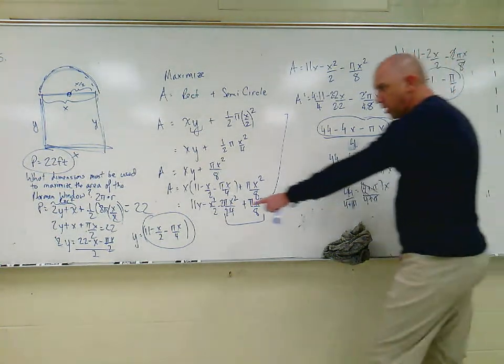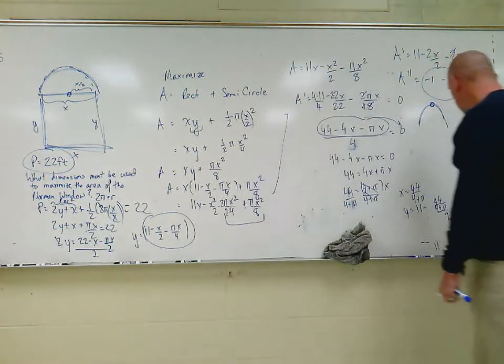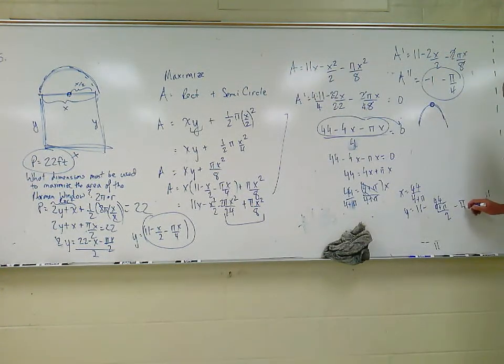So I'm going to my y and subbing in for x. Minus pi over 4 times x, which is 44 over 4 plus pi.